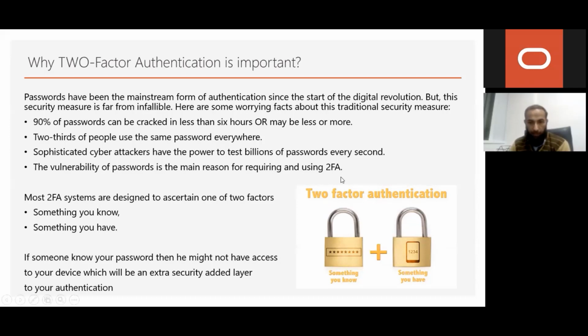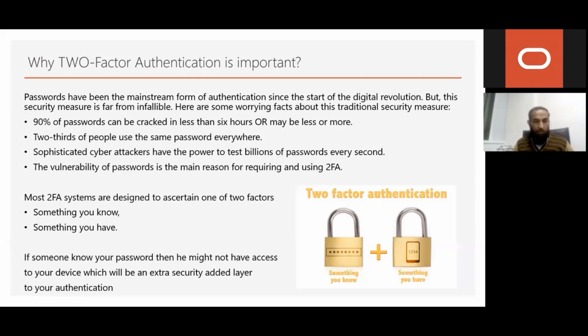I think this picture truly shows the implementation of two-factor authentication, which shows something you know and something you have. Most two-factor authentication systems are designed to ascertain one of two factors. Something you know means that you know the user credentials, the username and password combination.